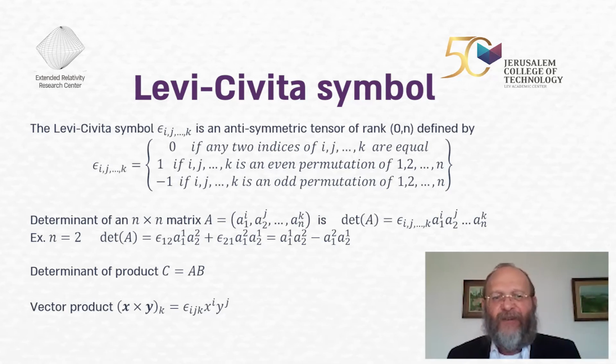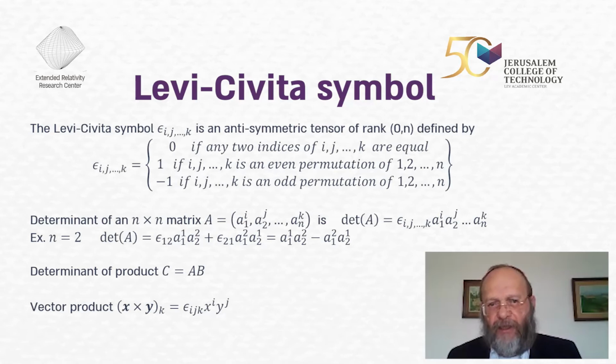Let's check it for n equals 2. When epsilon is not 0, there are only 2 of them, because you have to have only 1 and 2 and not repeat them. So you have 1, 2 and 2, 1. For 1, 2, you have A1 on the top, and below you always have 1, 2. For the other one, we have 2 on the top and 1 on the top, to be the same as this one.